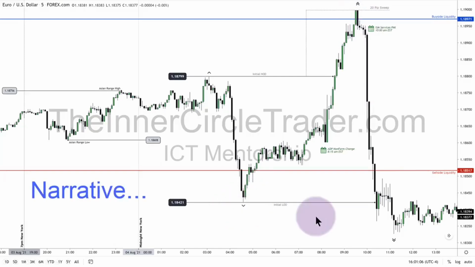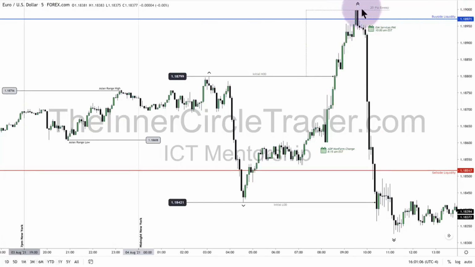Now I want you to think about it from a narrative standpoint. The market rallies up ahead of the high impact news, the last high impact news for the dollar at 10 a.m. So it runs the stops first, knocking out anyone that was short overnight with London, really sweeping it up higher, taking out that hourly swing high, failing to get to the 119 big figure.